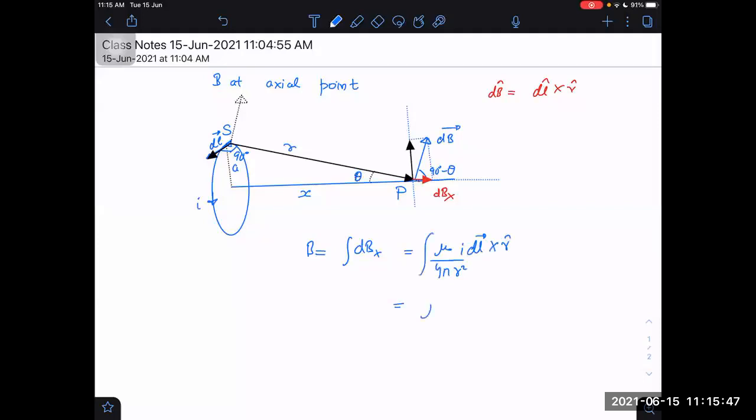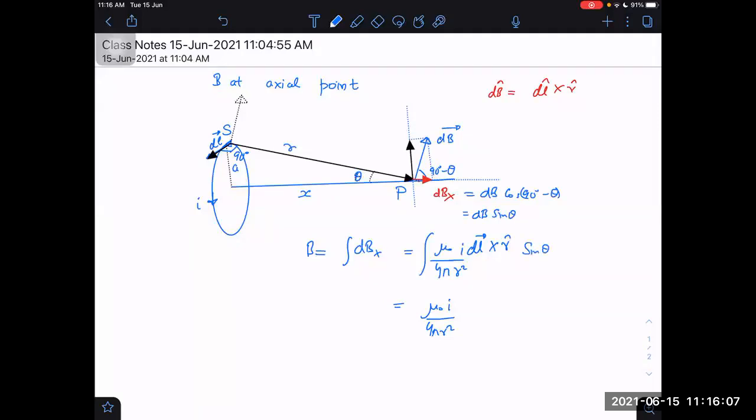Wait a second, this is not dBx, this is dB. dBx will be dB times cos of 90 minus theta, which will be dB times sin theta. So multiply by one sin theta term also.